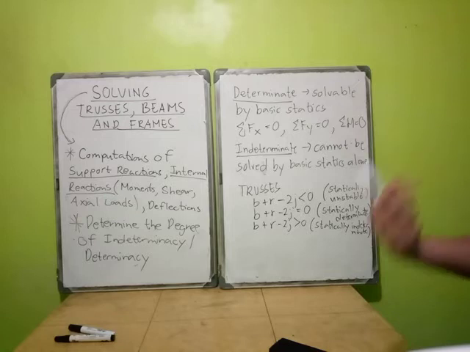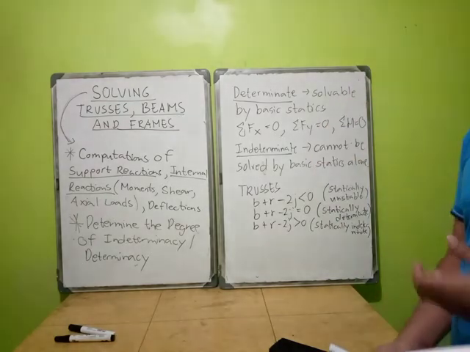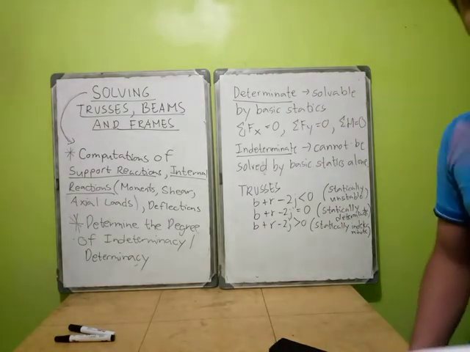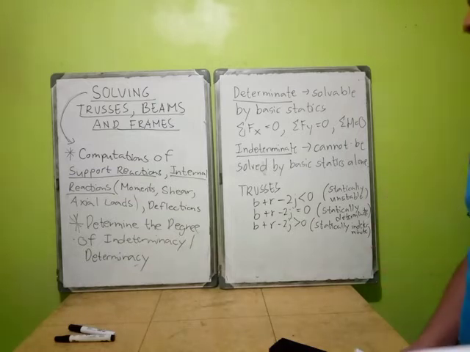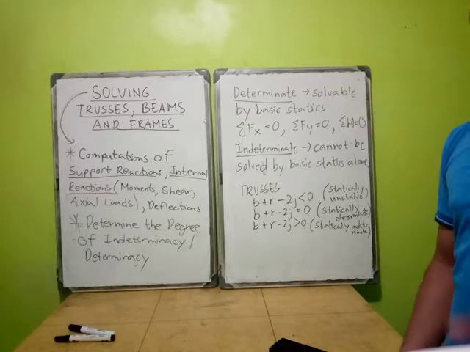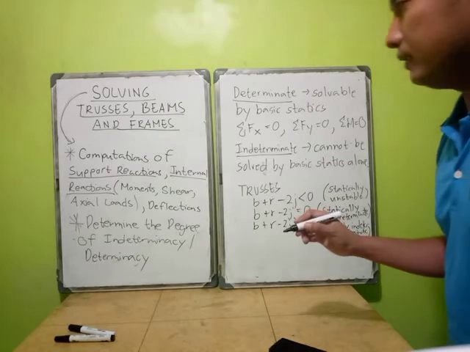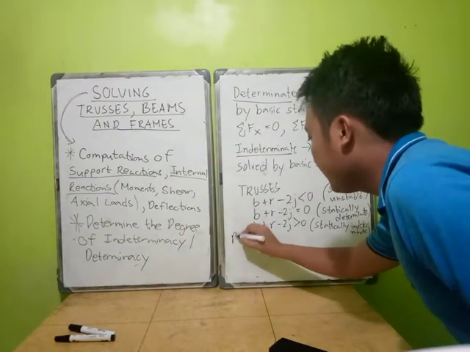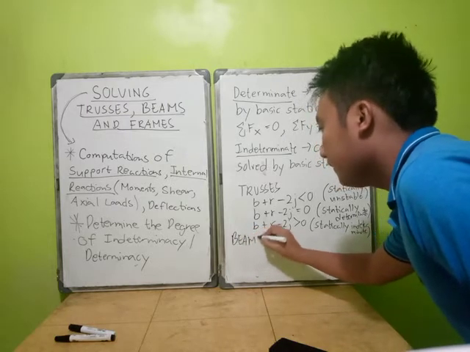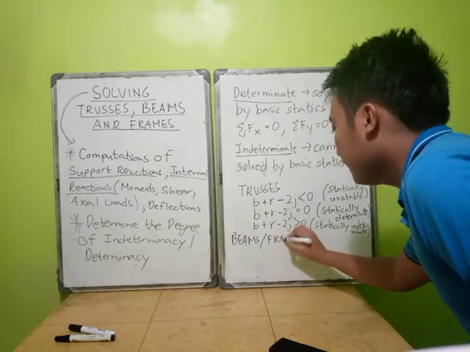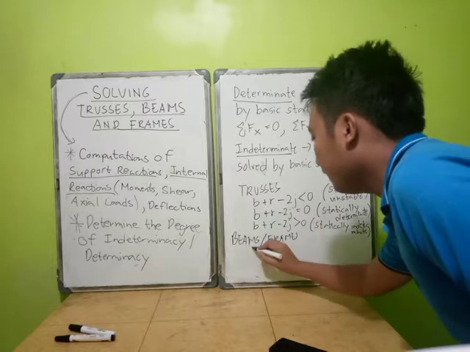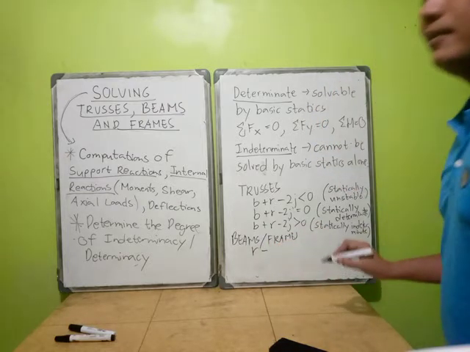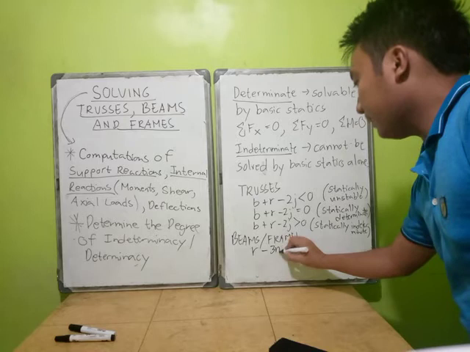Okay? So, sa hindi nakapanood nung nakaraang video, maybe I will just put the link of those previous videos on the comment section. And then, ipipin ko. Then, for beams and frames, tatlo lang din yan. Okay? So, R minus 3N yung gagamitin natin.